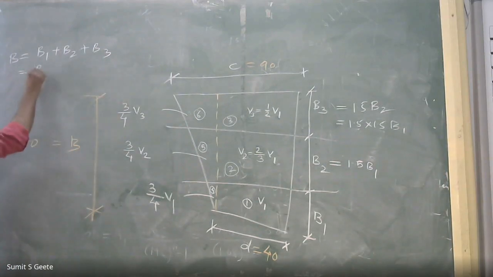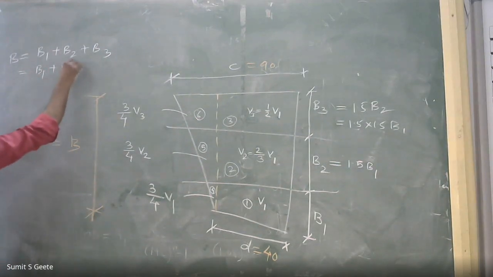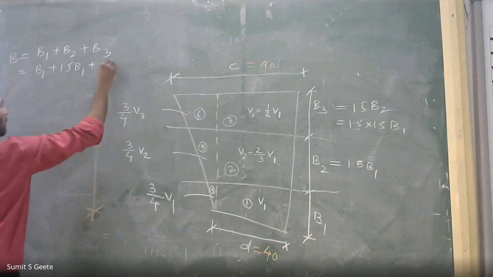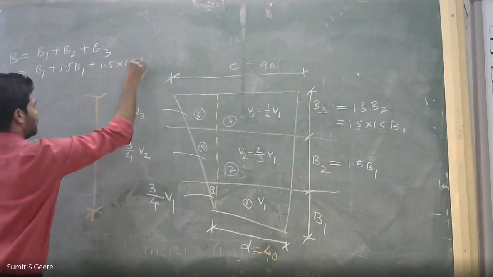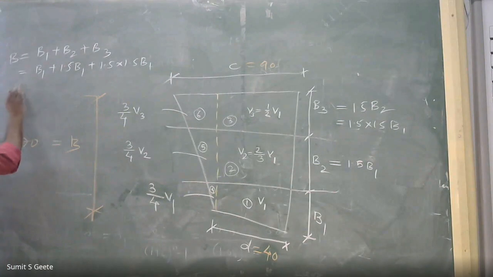Now B2 is 1.5 times B1, and B3 is 1.5 times B2. So from this total of 170, I can get B1.